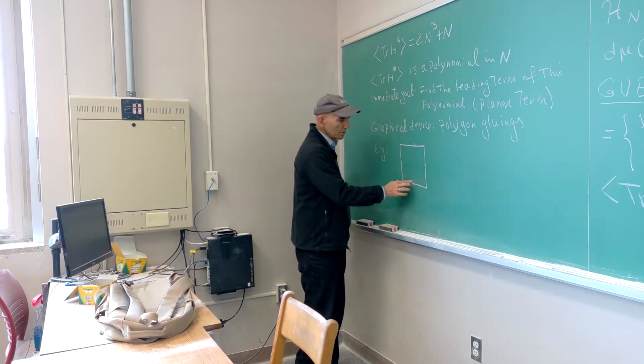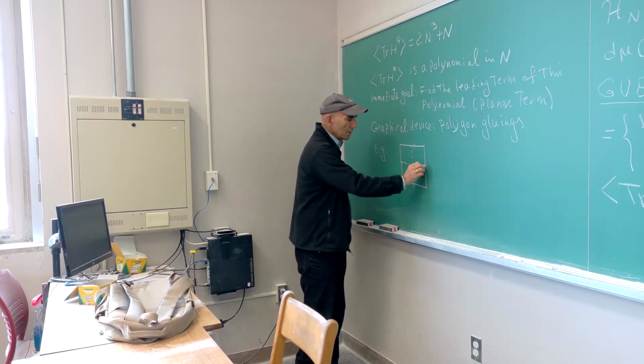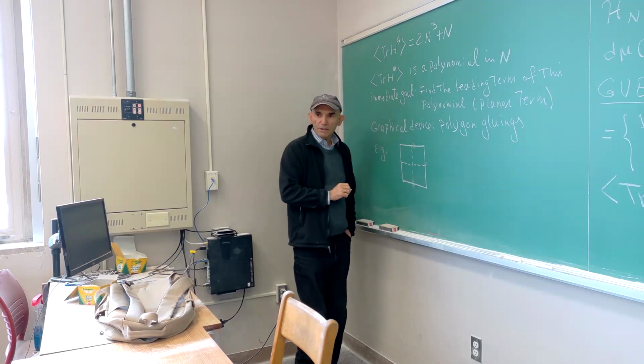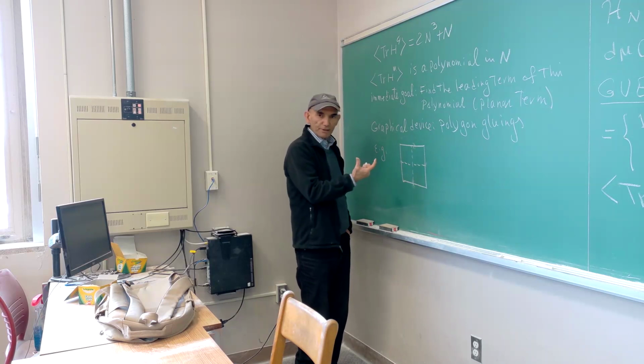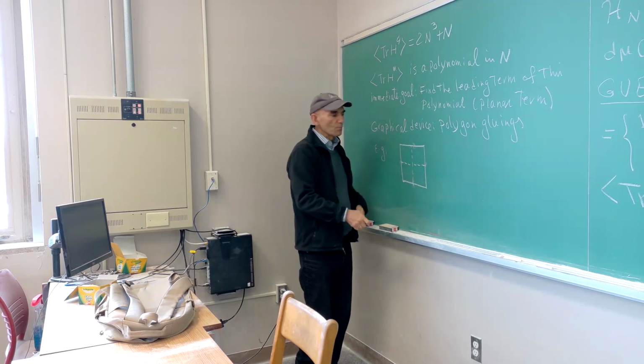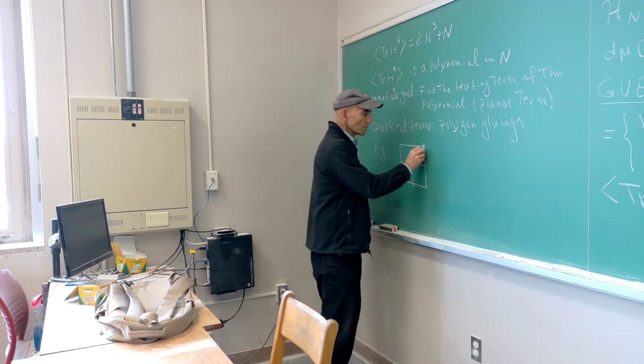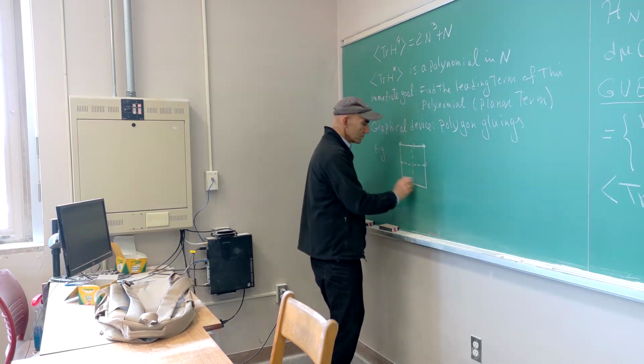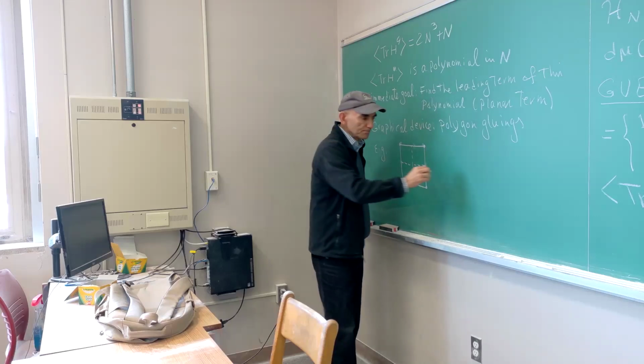There are three ways basically to glue this square into a surface. This will give us a torus.